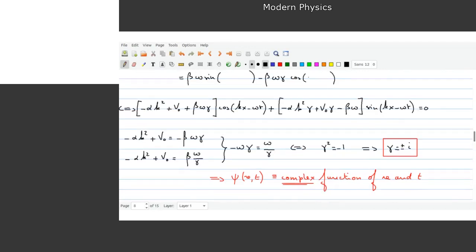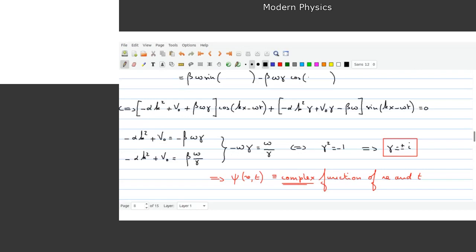So here we have minus alpha k squared plus v0 equal to minus beta omega gamma. And here we have gamma, I put it on the other side. The same: alpha k squared plus v0 is equal to beta omega over gamma. And so it is possible only if gamma squared is equal to minus 1.